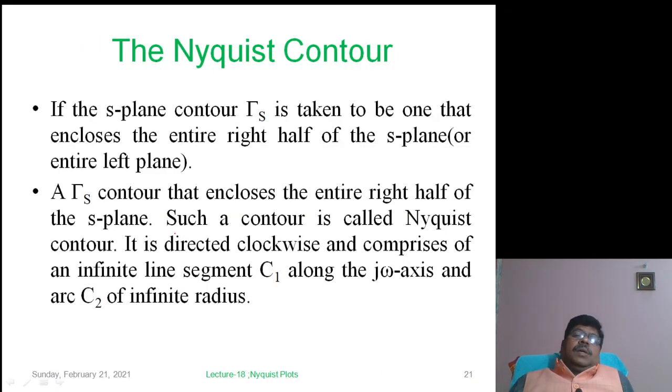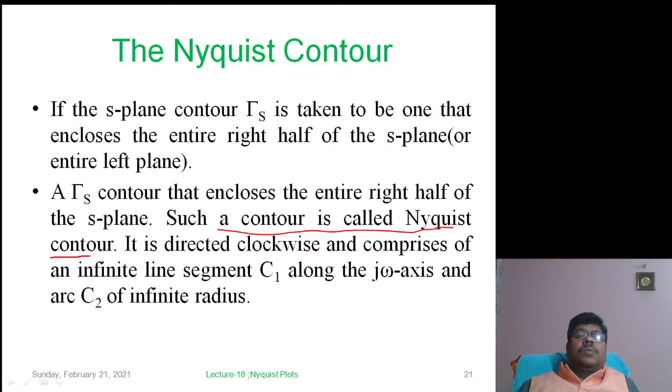Now, a very important part is the Nyquist contour. If the S plane contour is taken to be the one that encloses the entire right half of the S plane, or the entire left half, then normally we take the entire right half of the S plane. Such a contour is called the Nyquist contour. What is a Nyquist contour?